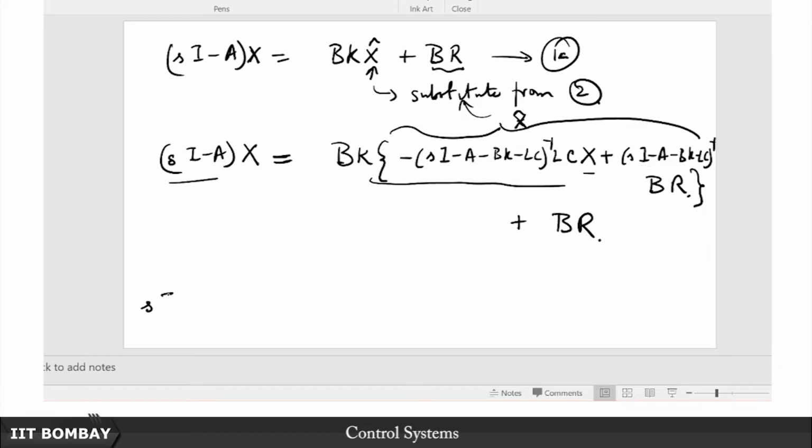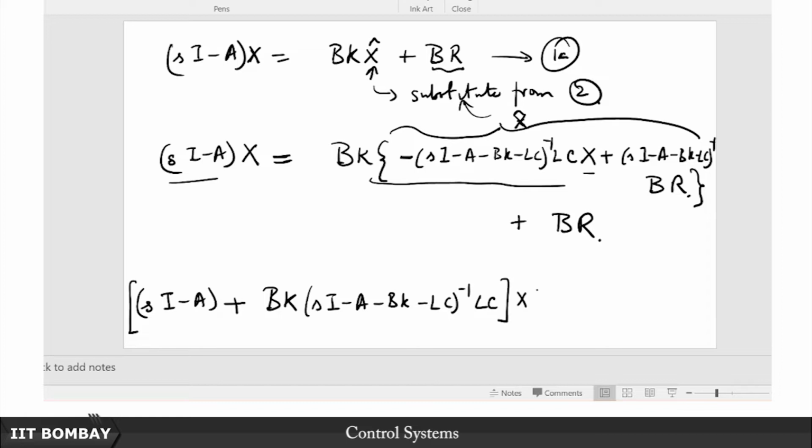So on the left hand side I have sI minus A, in a box bracket, plus, remember there is this minus sign here, when I bring it to the left hand side it becomes a plus, plus BK times sI minus A minus BK minus LC inverse LC, this whole thing times x. So I have pulled out all the x related terms on one side.